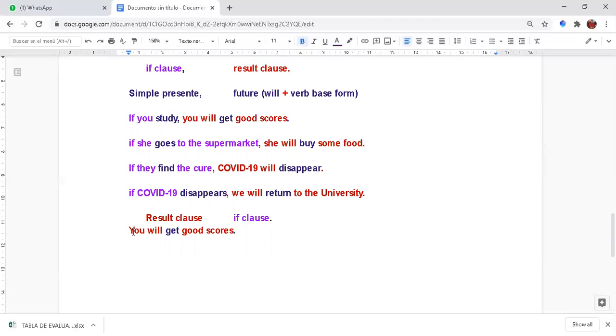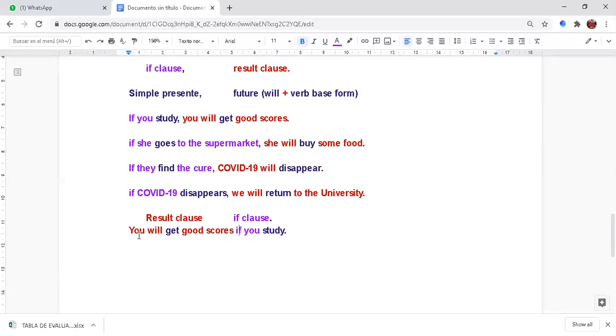So that is the result. After the result, you can use the if clause. The meaning is the same. The meaning doesn't change, it maintains its meaning.